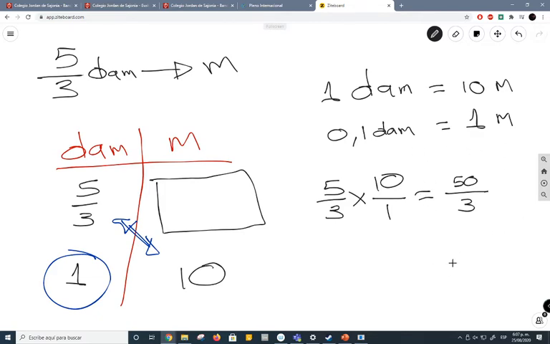But remember, kids, that after simplifying, or not in this case, you can also write the number in other versions, like mixed number or decimal number. In this case, I am going to transform it to mixed number.